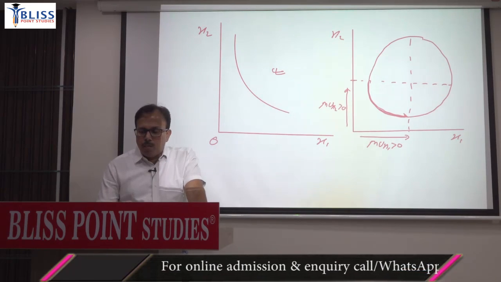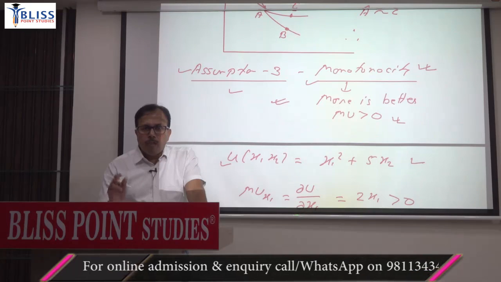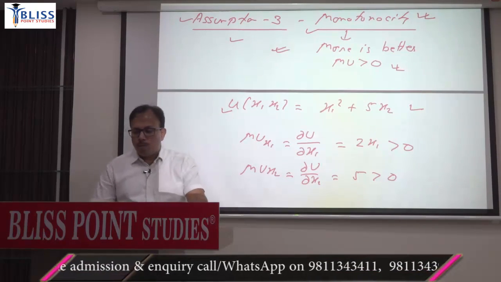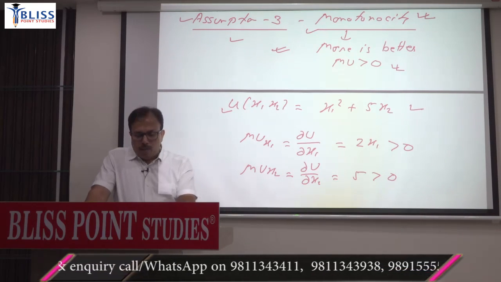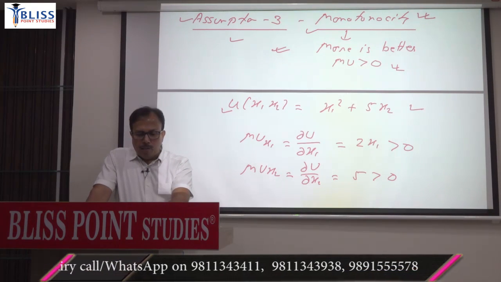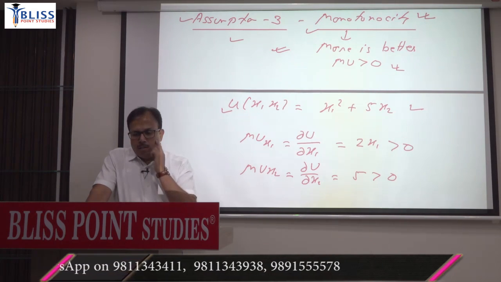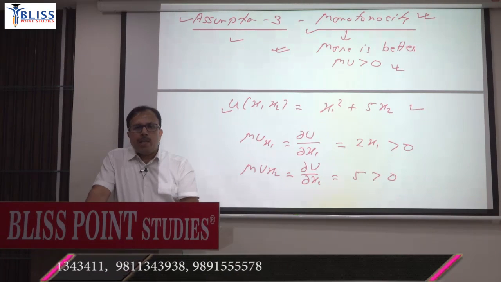That means the assumption is basically more is preferred, so you can mark that point in the third assumption. According to this assumption, more is preferred, which also means that marginal utility is positive.